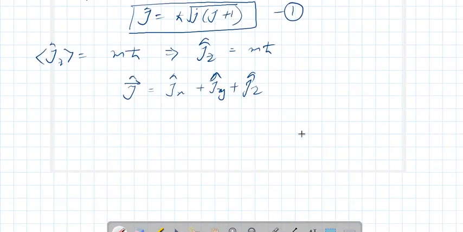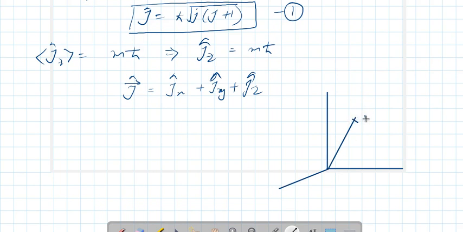Say it is angular momentum j, and it has three components.